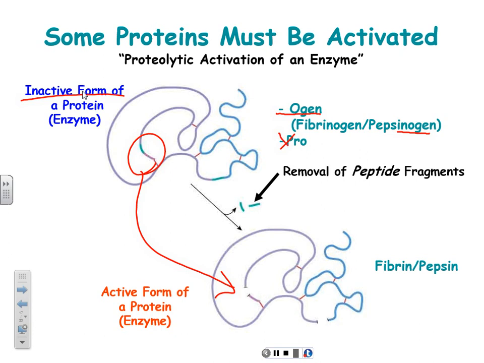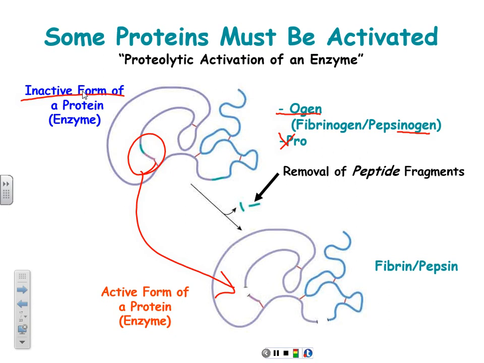I want you to think about something. When you cut yourself, and we'll do this in 2086, one of the end results of the reactions that occur when you cut yourself is taking inactive fibrinogen and making it active, right?